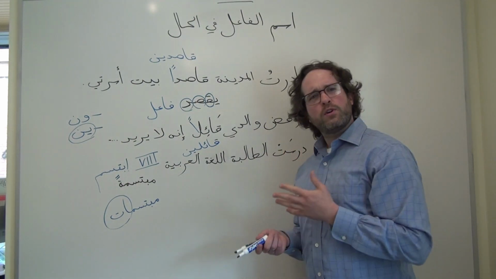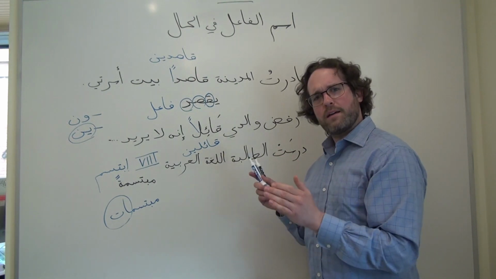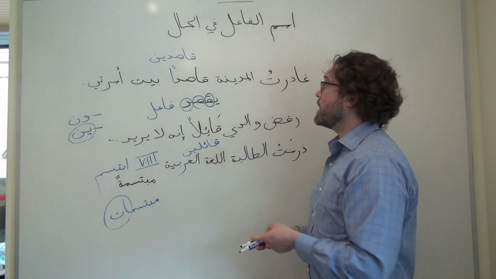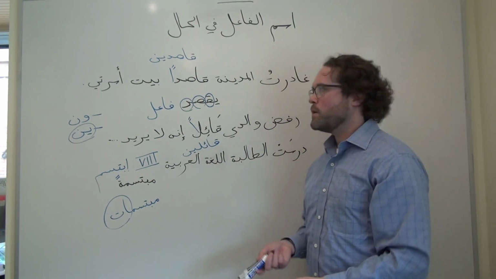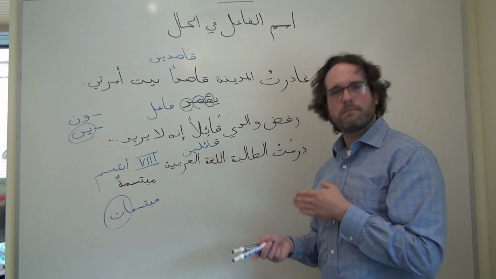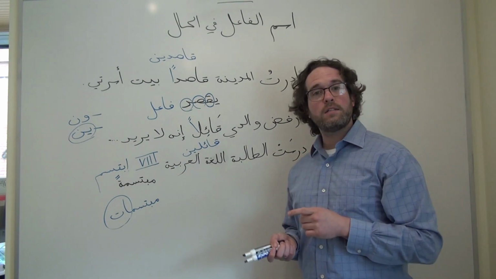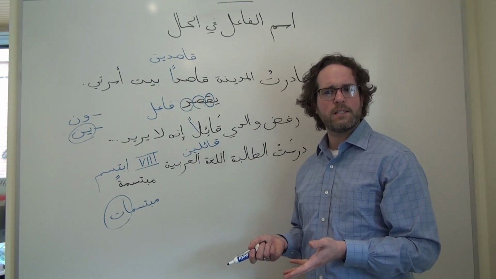In all of these cases, we could probably get away with breaking up these ideas into shorter sentences. We could say, I left the city, I went to my family's house, or my father refused, he said that he doesn't want, etc. But using these hal clauses is a great way to create longer, more sophisticated sentences.